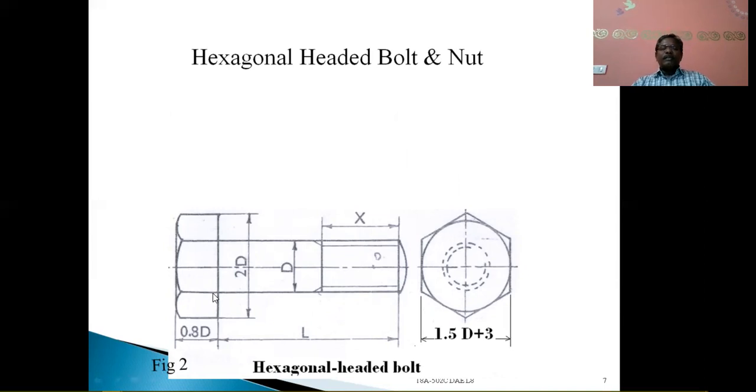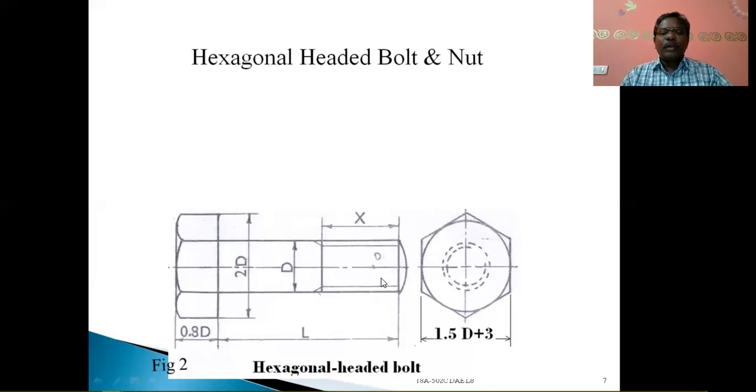So let us see, this is the hexagonal headed bolt, and this is a hexagonal shape head, and from here up to this point, this will be the shank, and this will be the shank threaded portion.